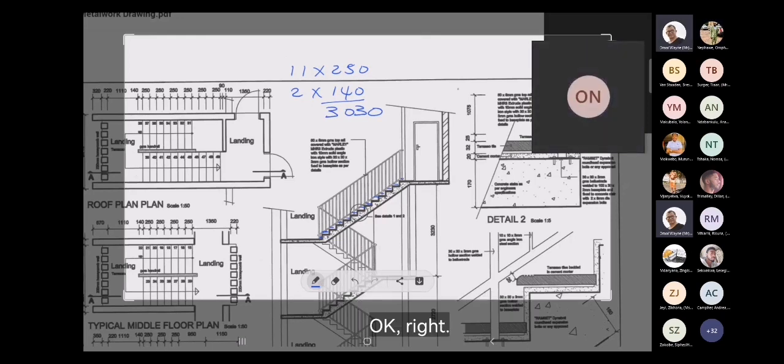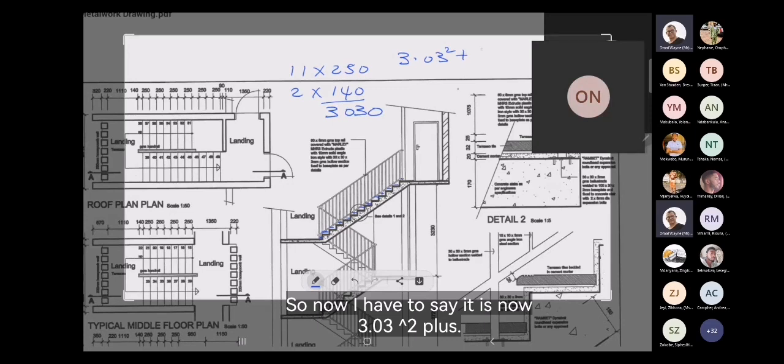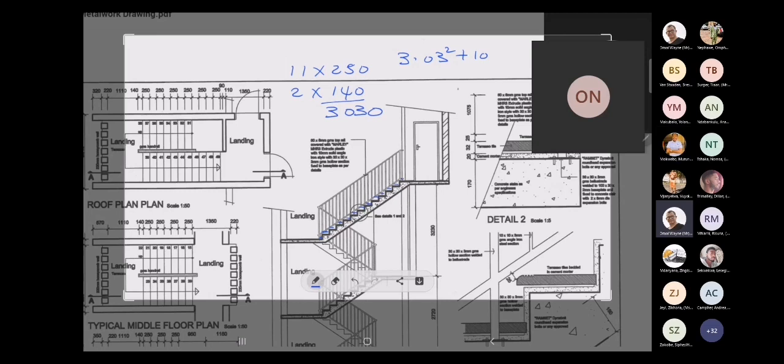Okay, right. So now I have to say it is now 3.03 squared plus 1.08 squared, and the square root of that.